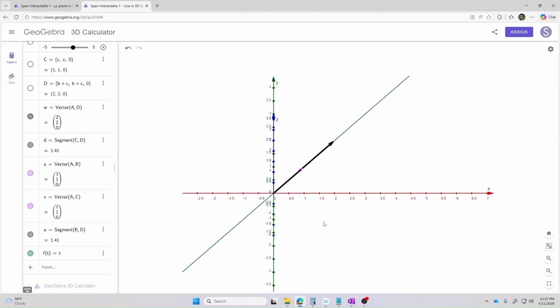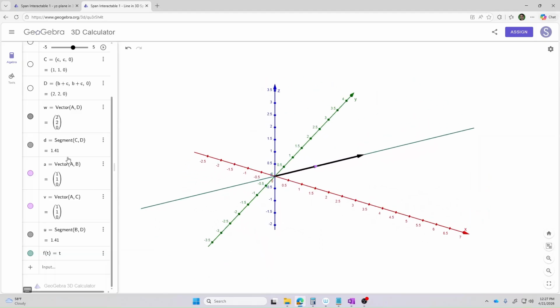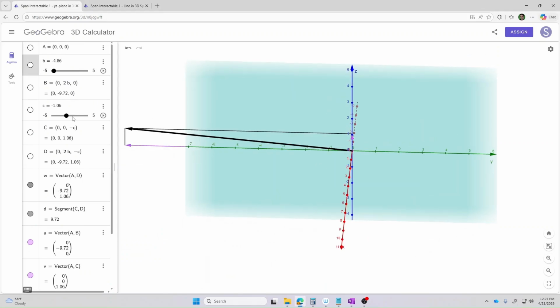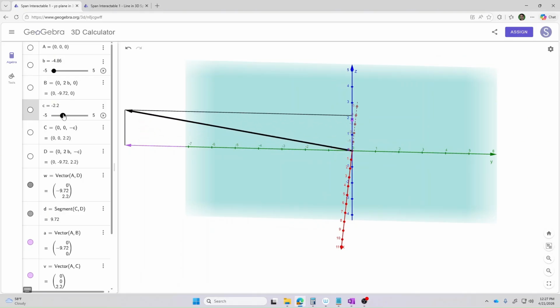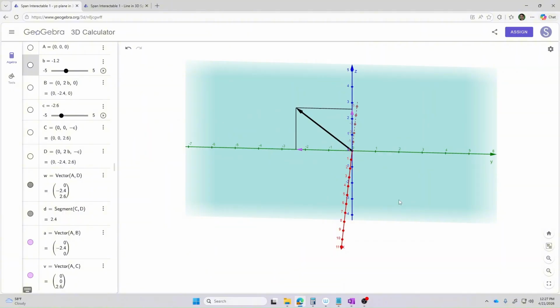But this picture looks a lot different than the ones that we examined before. And that's because in the previous GeoGebra modules, the vectors v1 and v2 that we were using to span the set, those two vectors pointed in completely different directions.